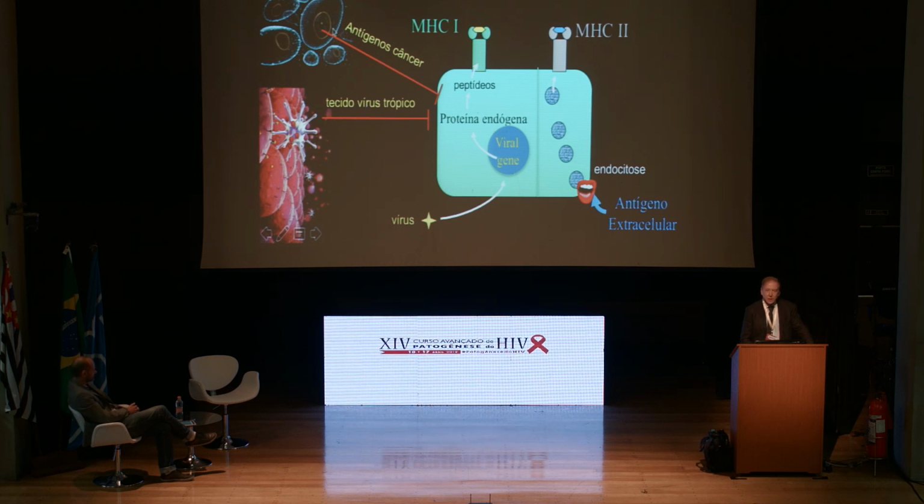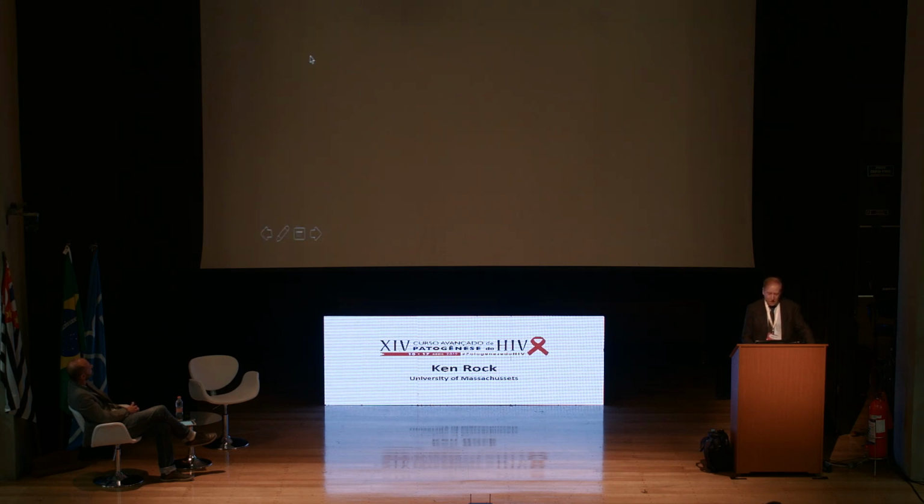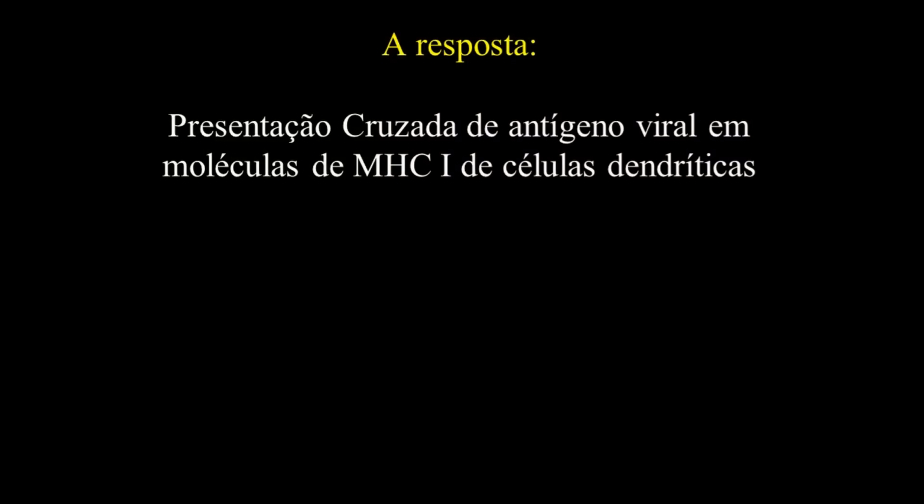And these external antigens can't get into that pathway. They can enter the endocytic pathway, and that's important for generating peptides on MHC Class 2, which I haven't talked about. So how are dendritic cells capable of gathering antigens from these kinds of pathogenic threats and displaying them on Class 1? And the answer to that is this pathway that's called cross-presentation.